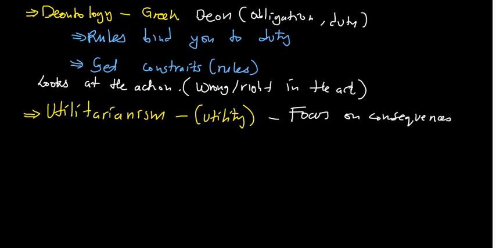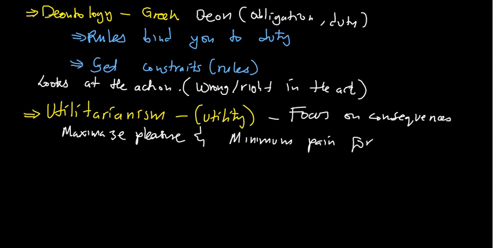If you maximize pleasure and minimize pain for everyone, not just one person. So this means if for someone killing people is what makes you happy, that is not minimizing pain for everyone.